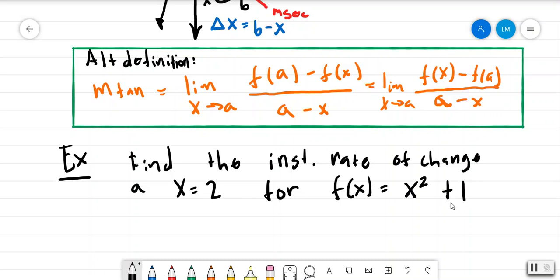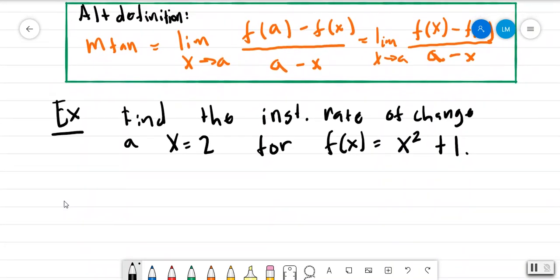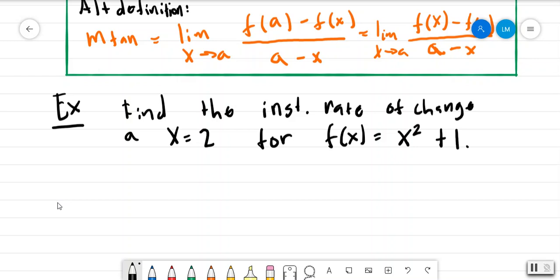So we want to find the instantaneous rate of change at x equals 2 for the function x squared plus 1.